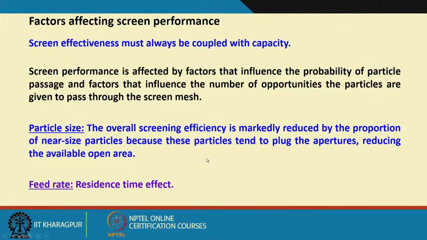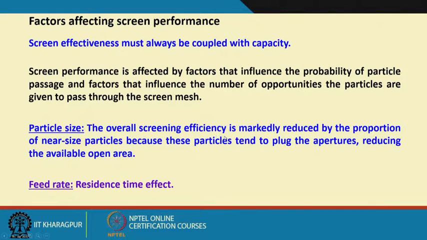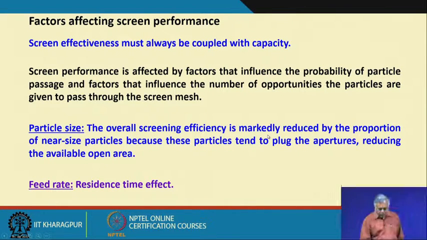I have already given that demonstration with the straight screen. I have shown you the different particles and how they behave. The overall screening efficiency is markedly reduced by the proportion of near-sized particles, that is from 0.75 to 1.5 times the size of the screen aperture, because these particles tend to plug the apertures.